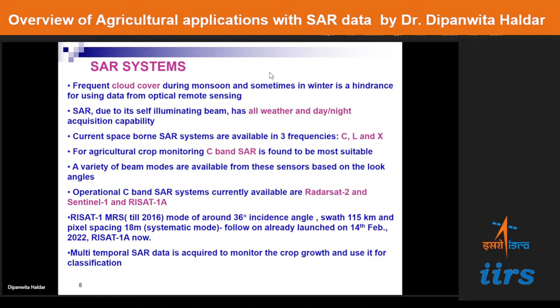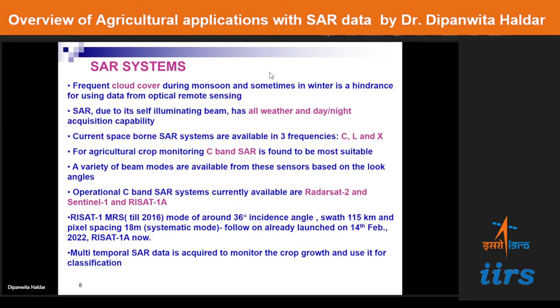So for crop monitoring, as you understand from optical data, what you have studied, you need multiple wavelength bands to compute the various indices like NIR band, IR band, green, whatever. But in SAR, you know that there is only one frequency. So you will get black and white images, right?